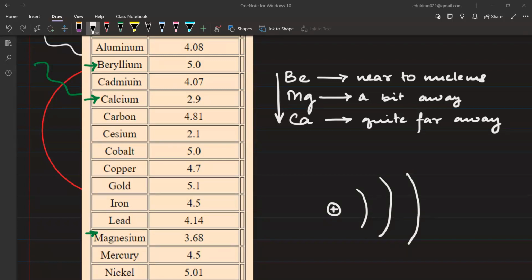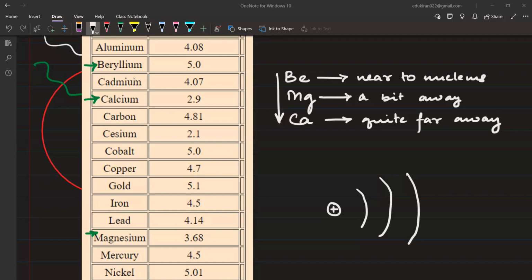That means in every beryllium atom, the electron is at a particular distance from the nucleus. If the electron's distance from the nucleus were changing, we would get different work functions for different beryllium samples. Since it gives the same work function, the distance of the electron from the nucleus is constant. Correct, guys?